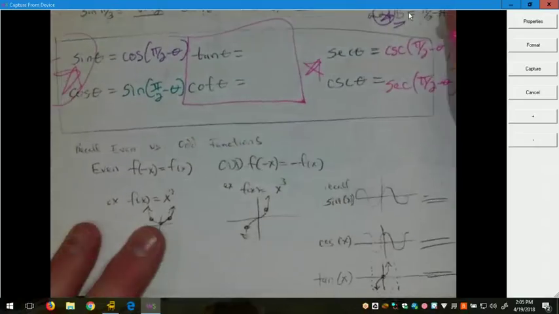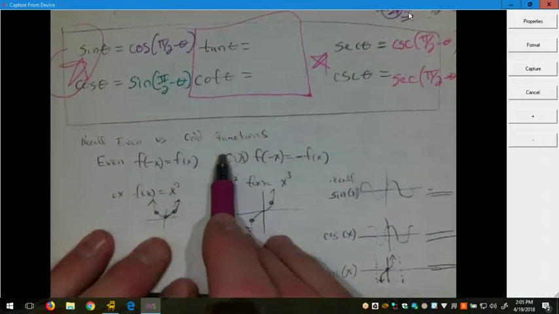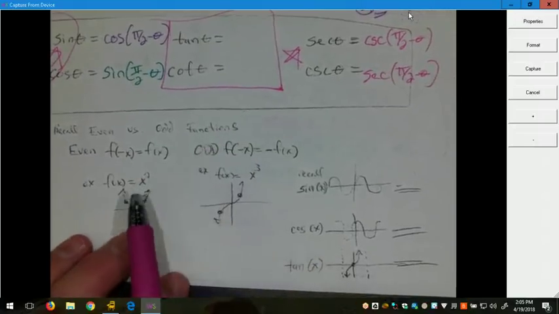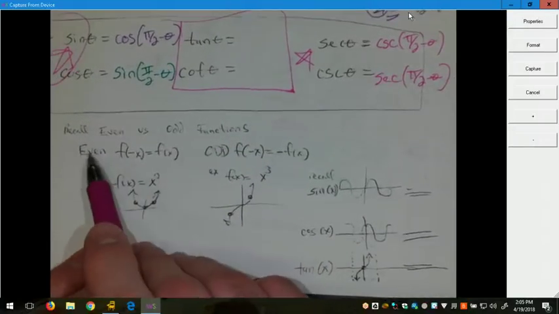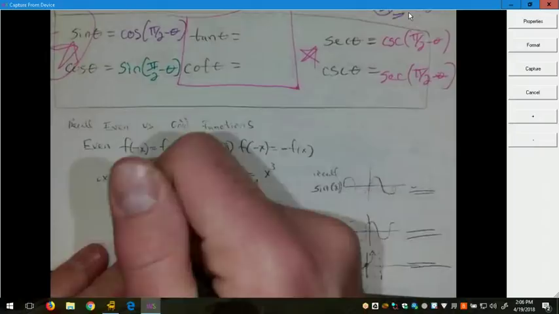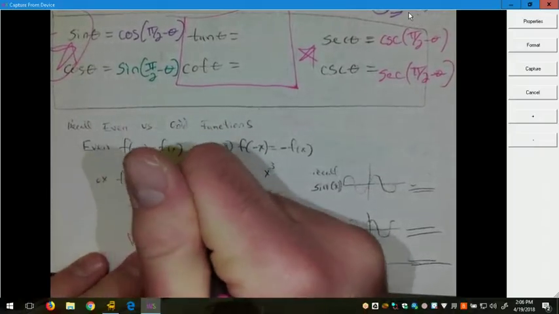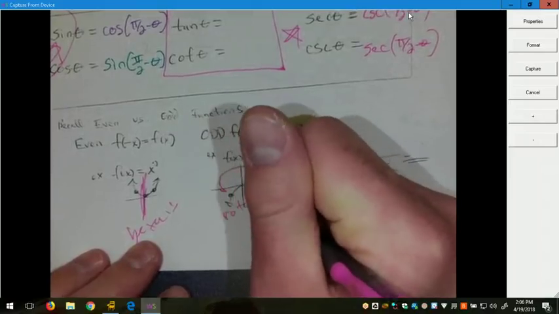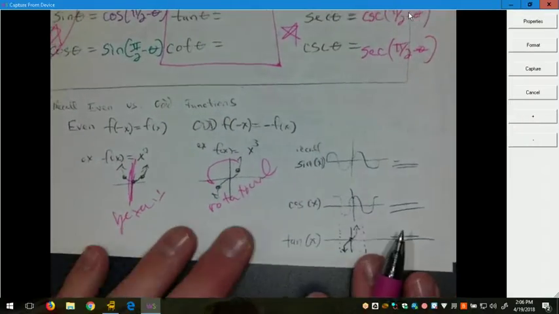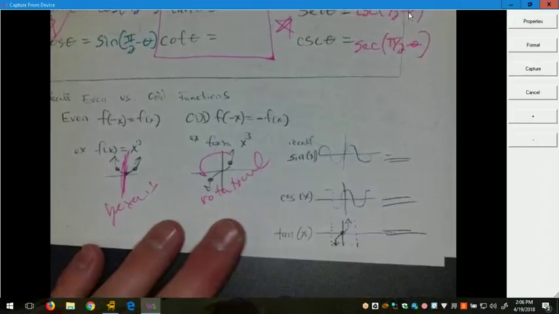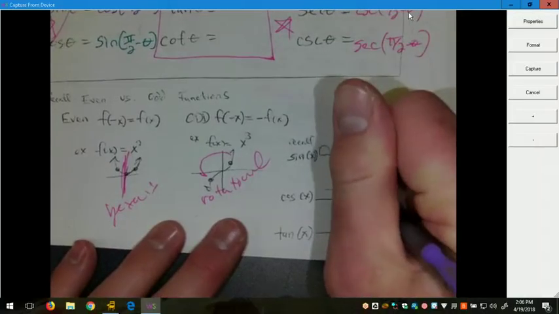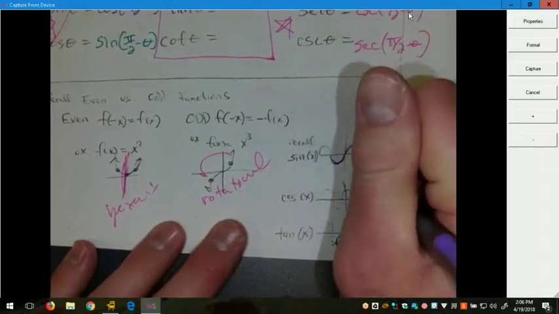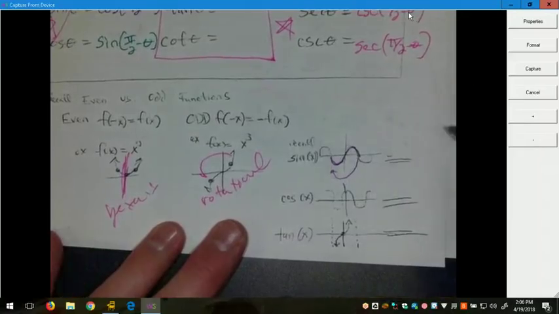All right, so recall even versus odd functions. We've reviewed this a few times this year. Remember, even functions have symmetry with the y-axis, and odd functions have rotational symmetry. So when we look at sine, we've talked about this before, because of the nature of sine, I could rotate this around and it would fall on itself.